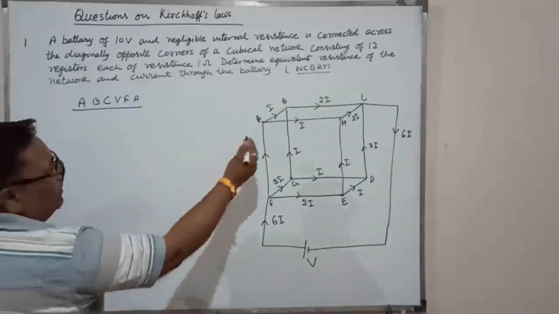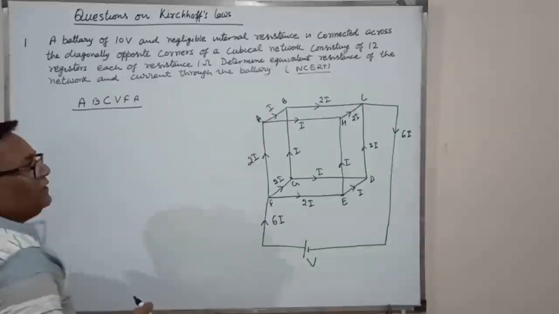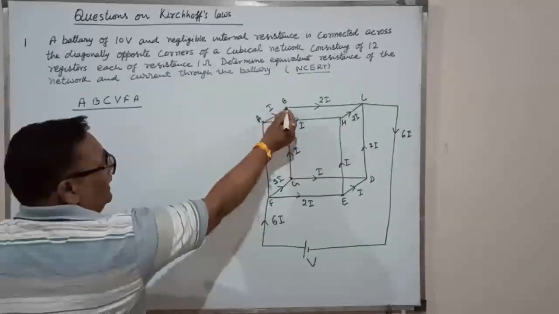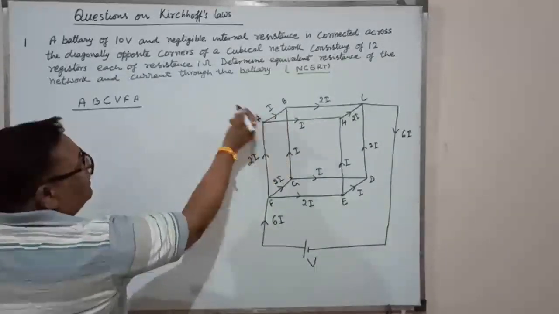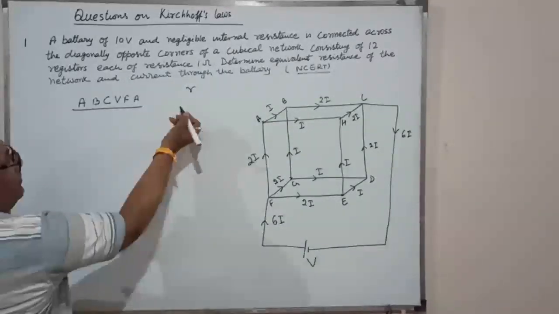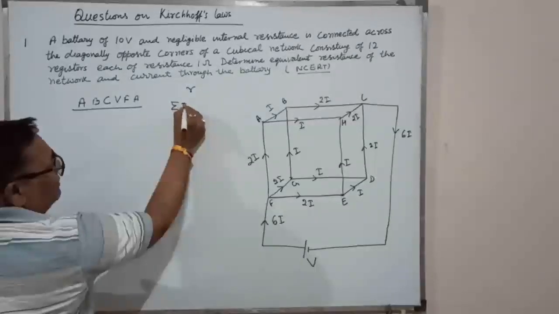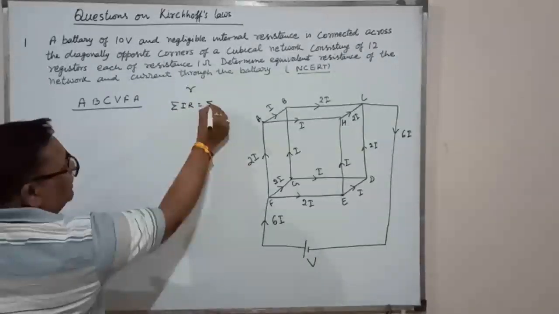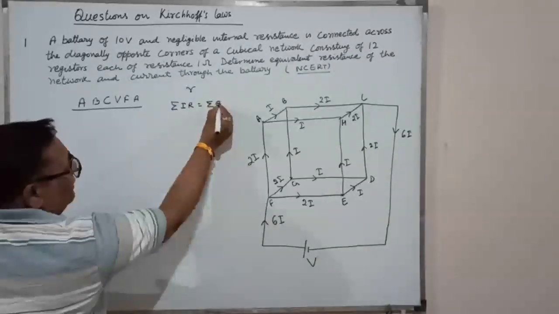Then, according to Kirchhoff's second law, let the resistance of each part be small r. Then for the second law, IR is equal to sigma E.